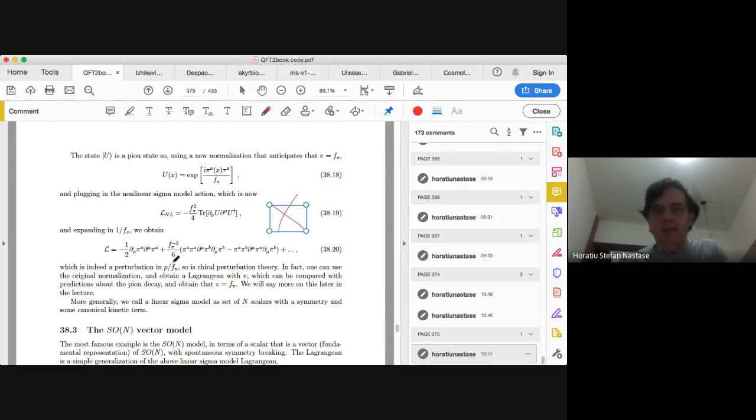So this nonlinear sigma model is just the first order in momenta, so it's order p squared. But one has to add derivatives at higher order: momenta p to the 4, p to the 6, and so on.